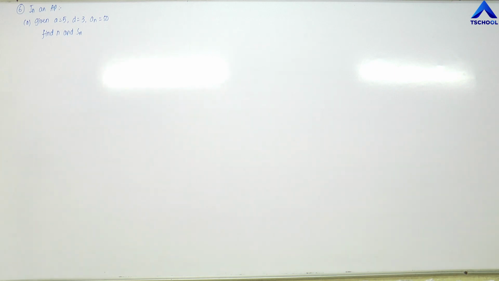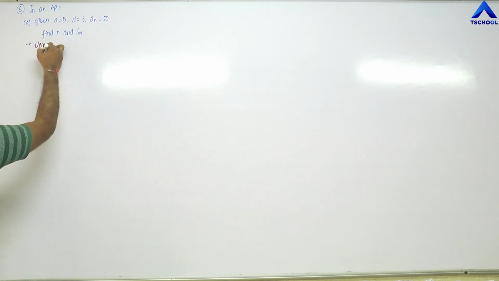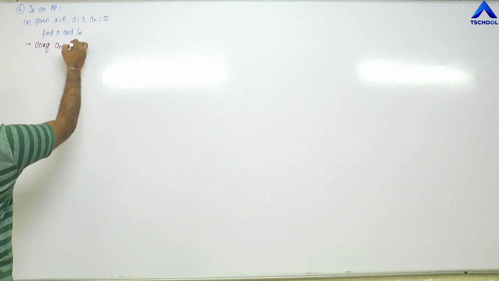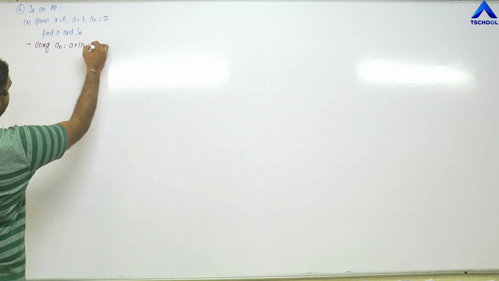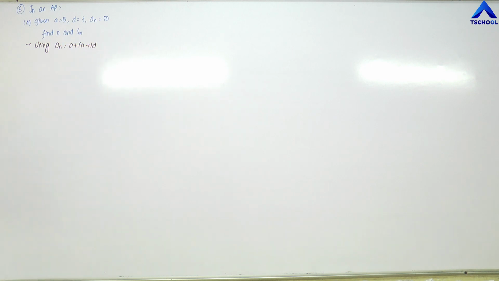So first of all, we shall use the formula of an to find the value of n, because we cannot directly get the value of n. Using an equals a plus n minus 1 into d. See friends, here we have an, a and d. What we do not have is n.